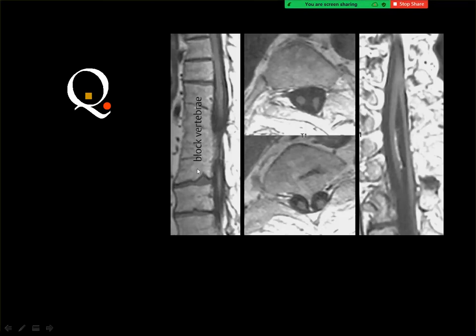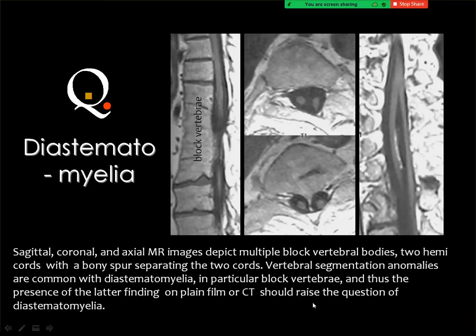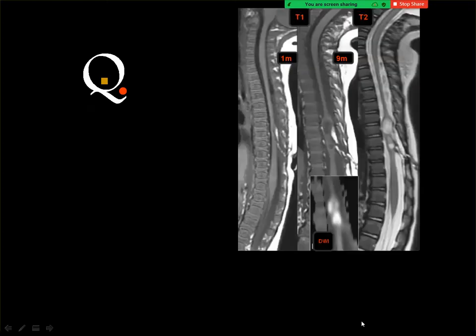Many of the vertebral bodies are fused together, and there is separation of the cord over a segment into two halves, and these halves are separated by a bony bar at some level, and they appear to be in the same thecal sac at the upper level. Then the diagnosis is diastematomyelia with anomalous vertebrae in the form of block vertebrae.